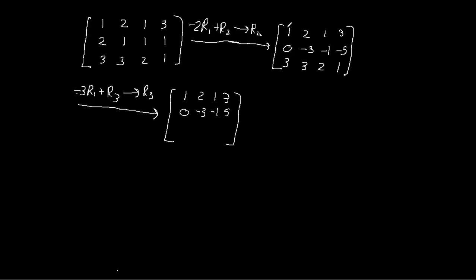Okay? So 1 times -3 is -3 plus 3 is going to be 0. Right? -3 times 2 is -6 plus 3 is going to be -3. 1 times -3 is going to be -3, plus 2 is going to be -1.